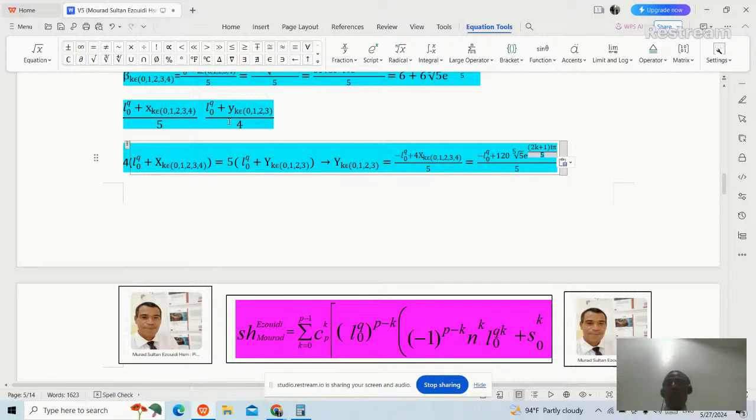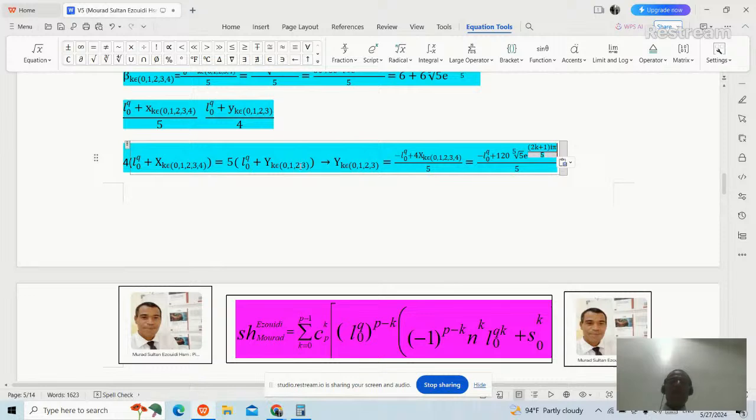Then just cross multiplying, 4 times that equals 5 times that, and you should find the value of y_k. So 4 times x0 for the cube plus x_k equals 5 times 0 for the cube plus y_k. It is clear that this is the polynomial of power 4, while it is the polynomial of power 5.